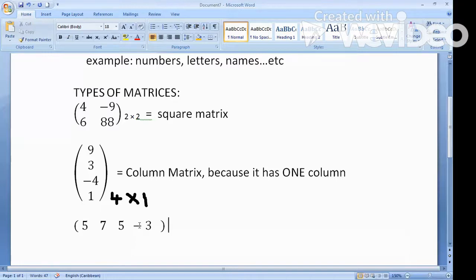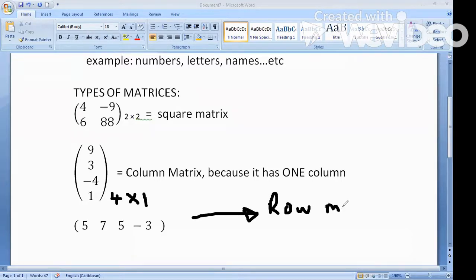All right, what's the order of this matrix? 1 row, 4 columns. You wouldn't say 1 row matrix. You would just say row matrix.